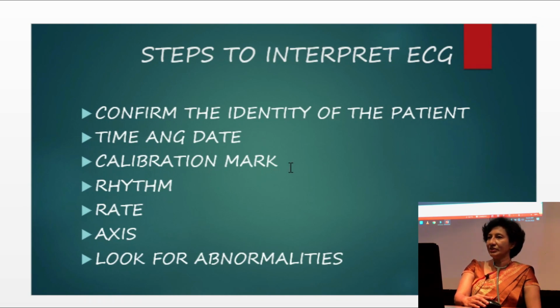Then note the calibration mark, and look at the rhythm, whether it is regular, irregular, or whether there are rhythm disorders. Then note down the rate, ventricular rate, axis. Then look for abnormalities of QRS complex, ST segment, and T waves.